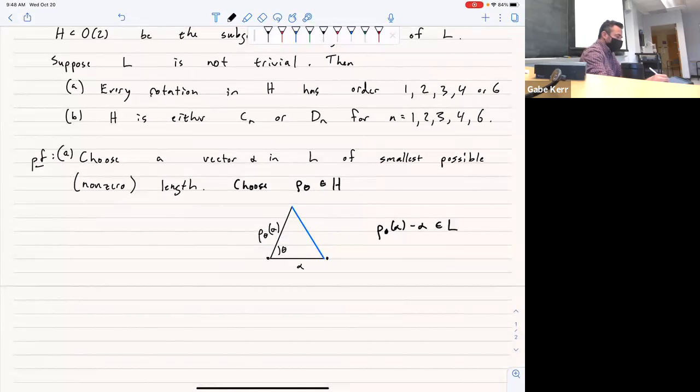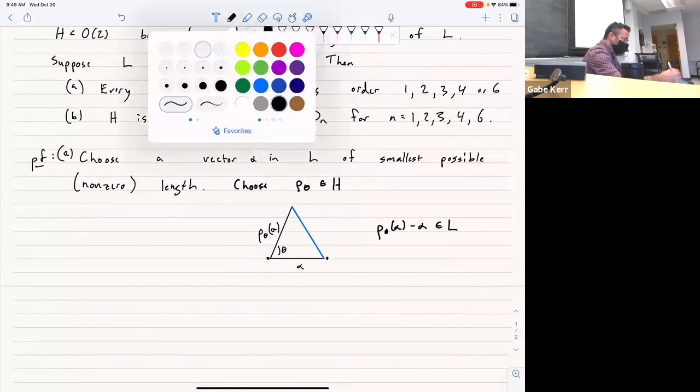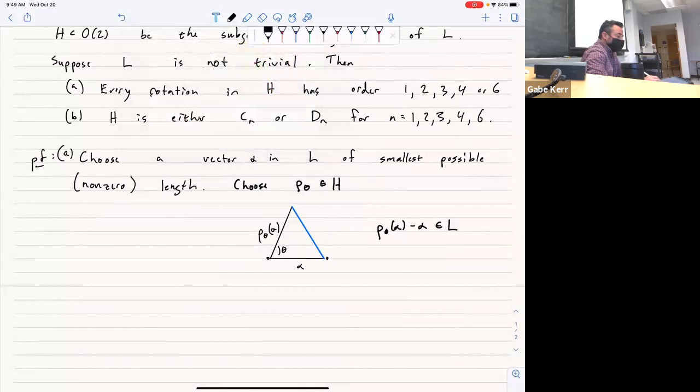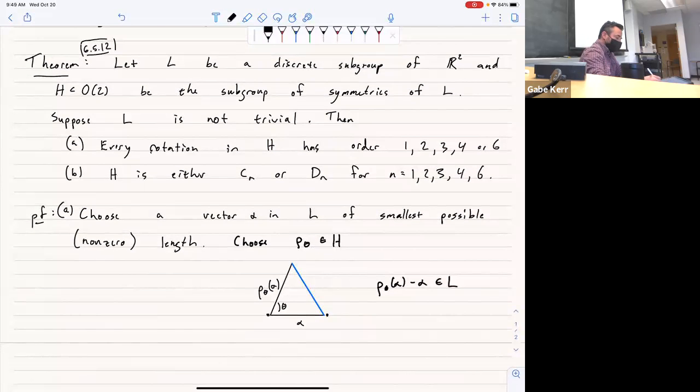Because rho theta is in H, and H is the subgroup of symmetries of L, this rho theta of alpha is in L. Alpha was chosen to be in L, and L is a group, so I can take their difference in L. So this blue guy is in L. Now, there's a certain point where that blue line has the same length as alpha.